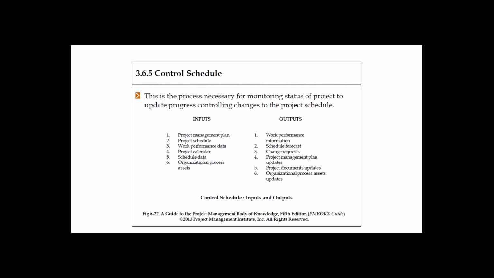Since it is impacting your schedule, you do the schedule forecast to see whether we are still matching the end date of the project. That is schedule forecast. Then you publish the work performance information.